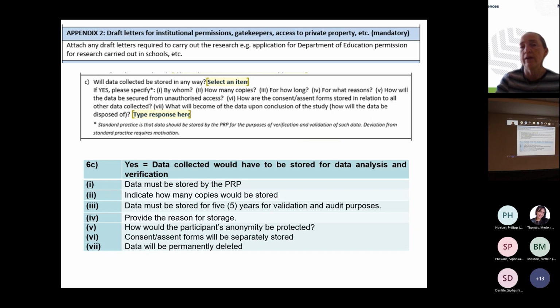So this is to ensure absolute anonymity and privacy of the data, so confidentiality. So then we will often say the consent and assent forms will be stored separately in another room or a separate location, so that the two are not next to each other, because then it may be possible to link and identify by name.